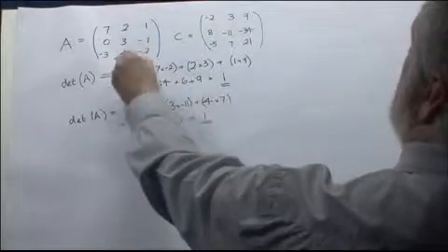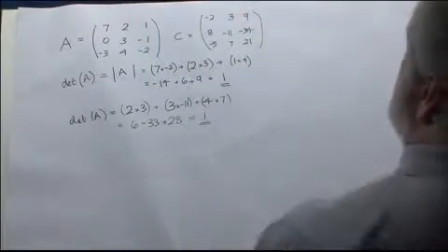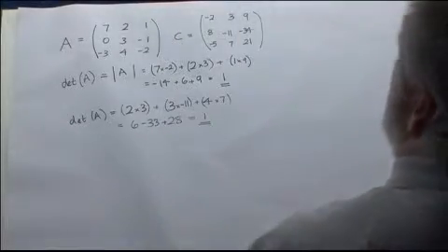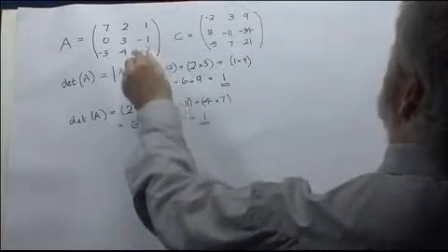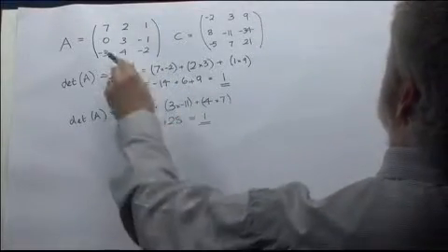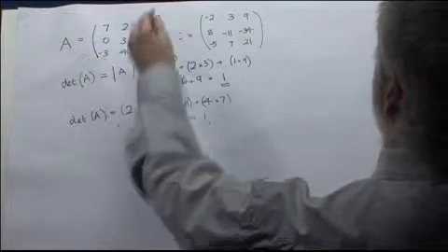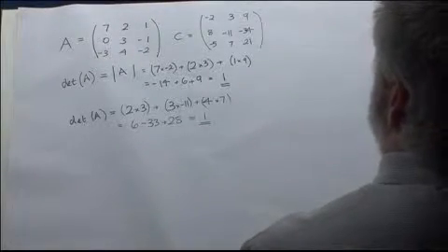When we used the second column, we only needed those 3 cofactors. So before we go ahead and work out all 9, if all we want to do is work out the determinant of A, we should decide which row or column we're going to use first, and then only work out the cofactors that correspond to the row or the column that we've chosen.